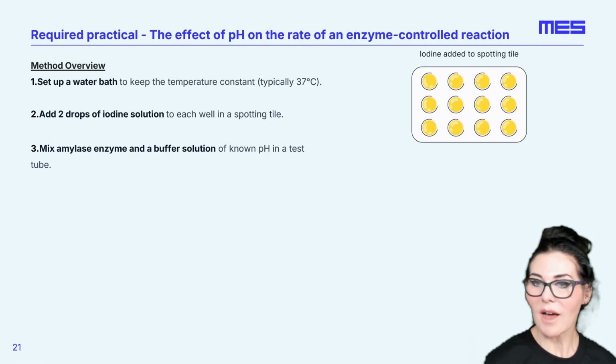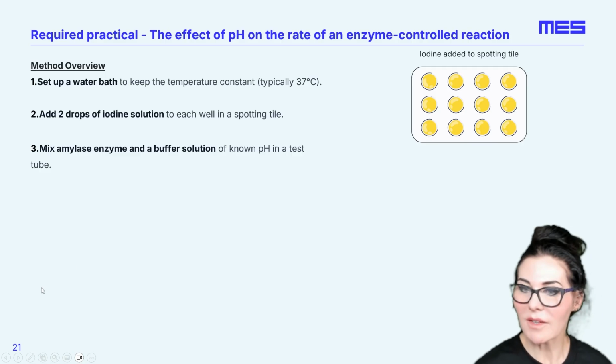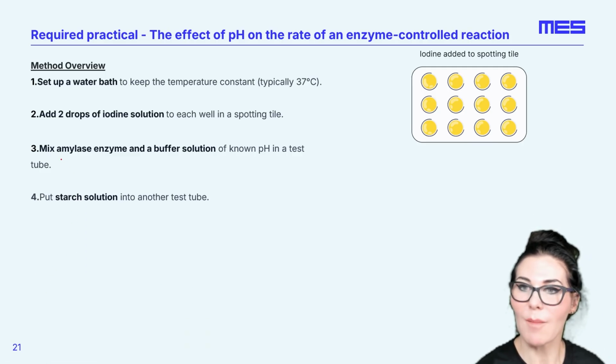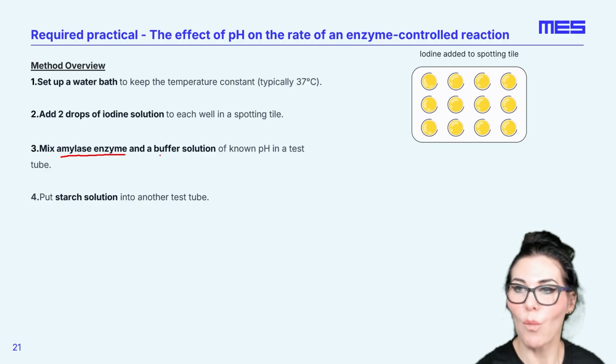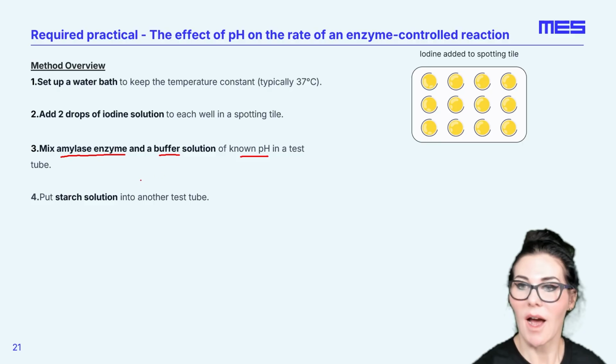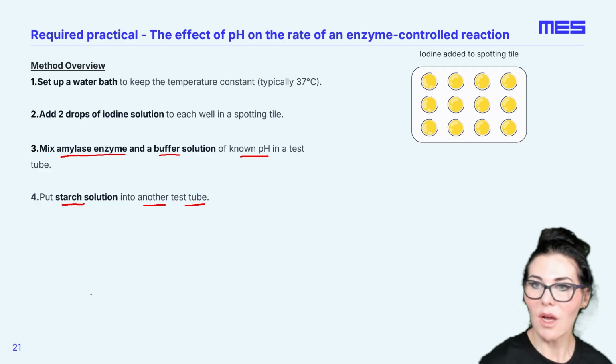Once you've done that, we are then going to take our enzyme, and our enzyme, remember, is amylase, and we're going to put the amylase enzyme with a buffer of known pH in a test tube and the substrate starch into another test tube. Let me explain a little bit more.